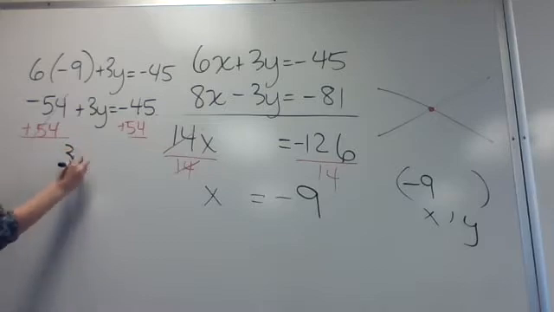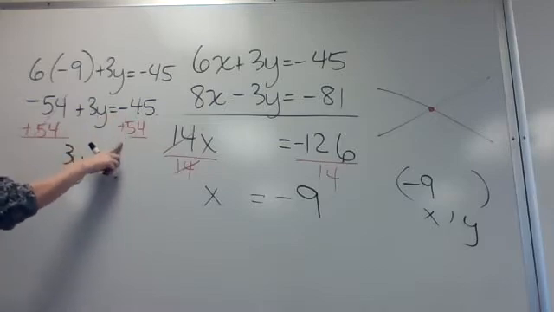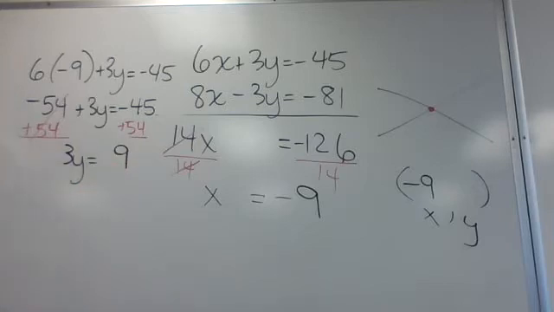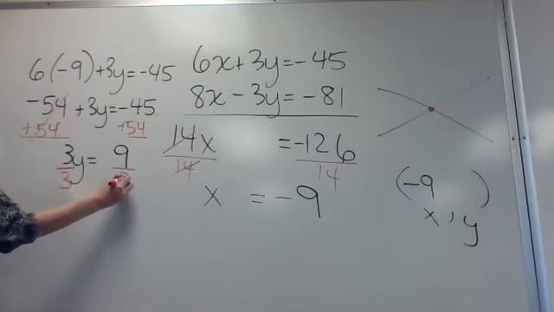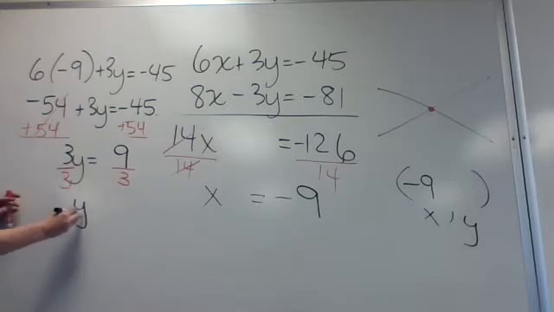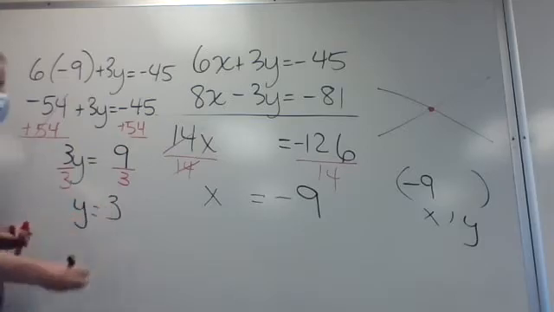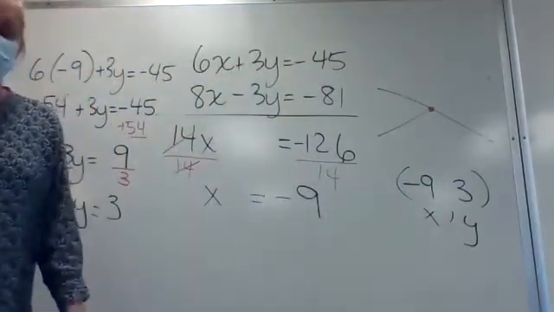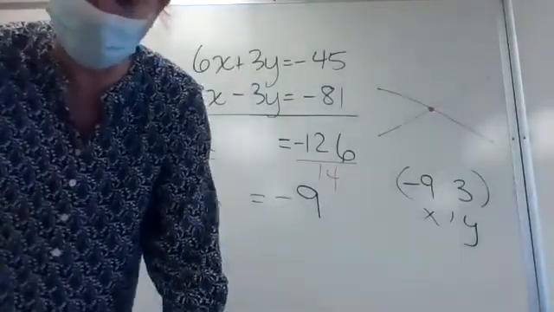So 3y equals -45 plus 54 gives me 9. And divide by 3. So what does the y equal? 9/3, which is 3. So that is the answer to the systems of equations.